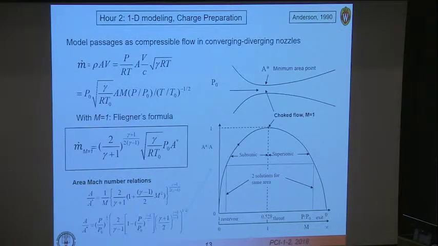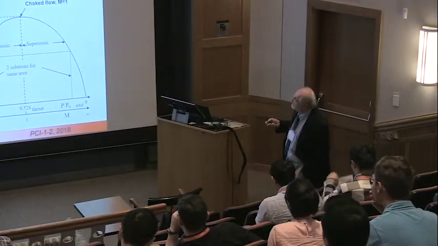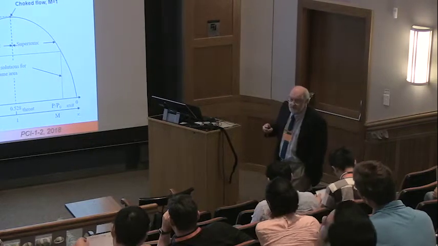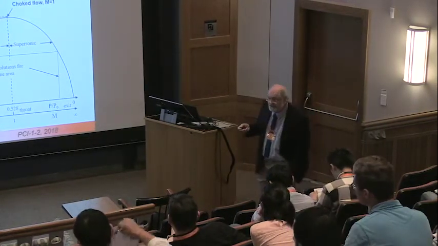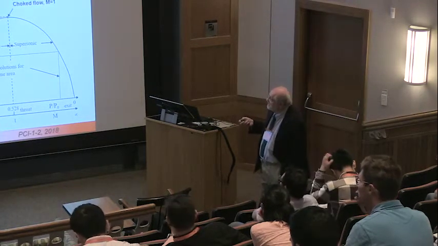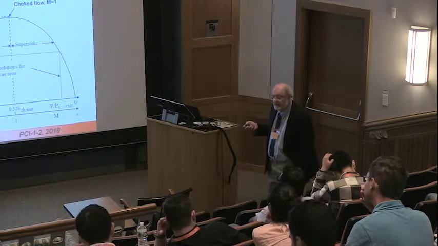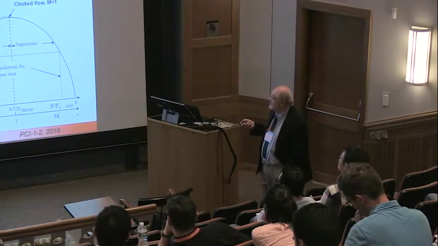Okay, so it turns out that for turbochargers and compressors, we can look at compressible flow in converging, diverging nozzles as a way of understanding those flows. A very important formula that's used widely in the analysis of turbocharging equipment is called Fleetness Formula.